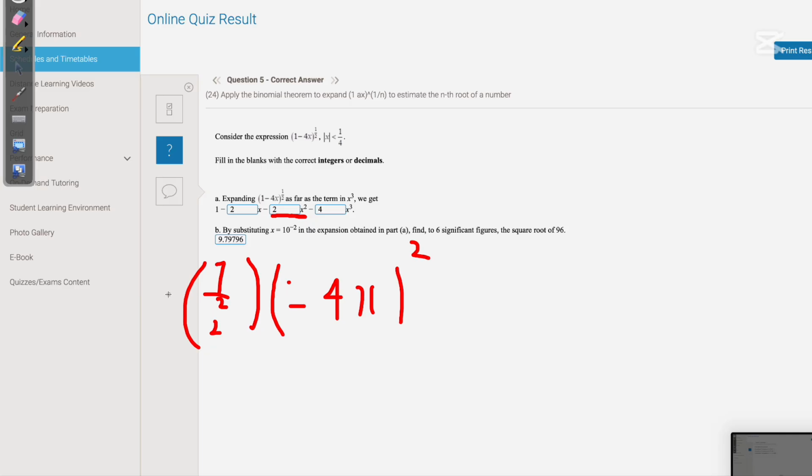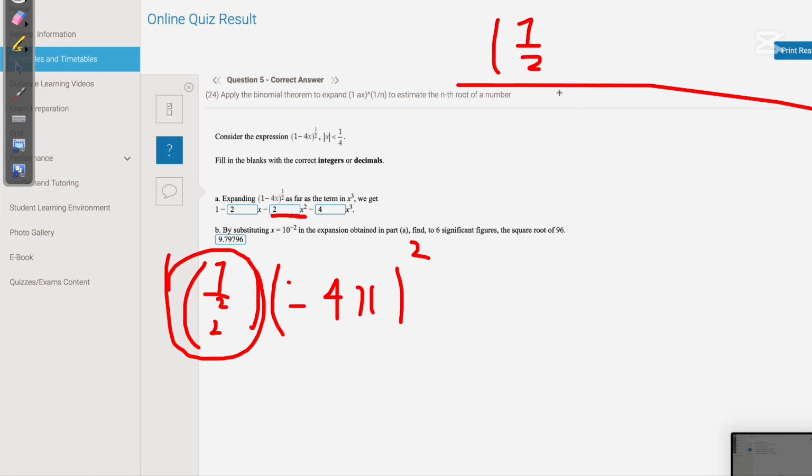And now to find 1 over 2 C2, what we're gonna do is 1 over 2, all of this over 2 factorial.